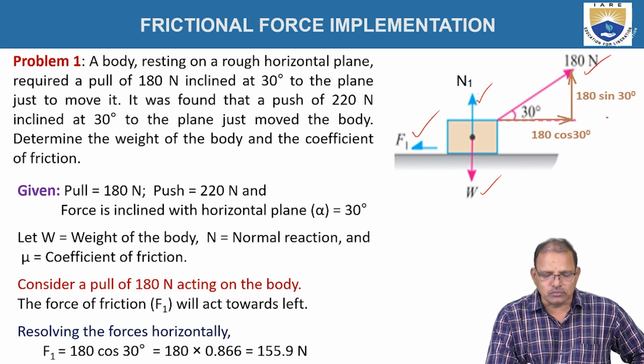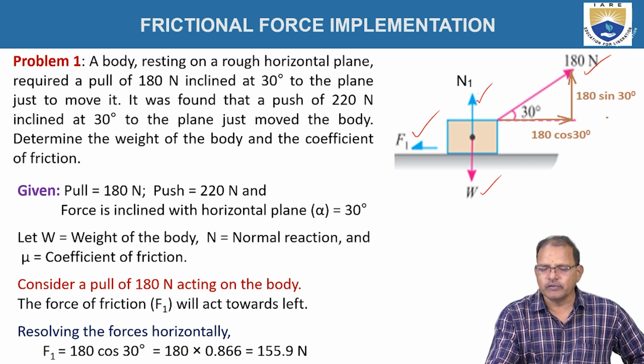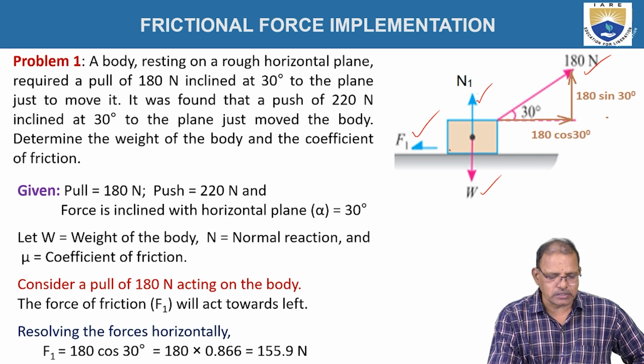When it is about to move, the forces acting on the body are treated as being in equilibrium. Here we are considering a pull of 180 newtons acting toward the right hand side. The friction force is acting toward the left side.